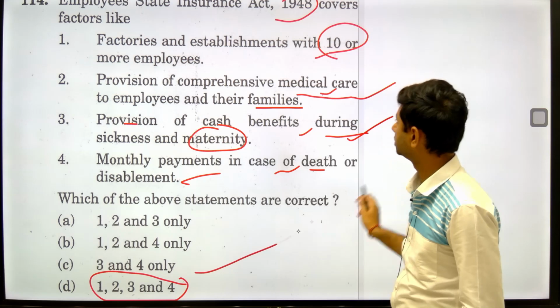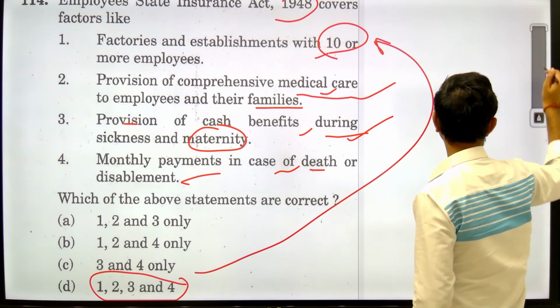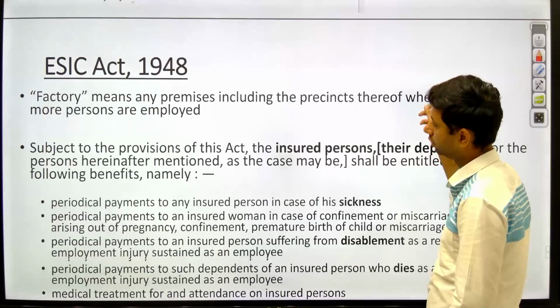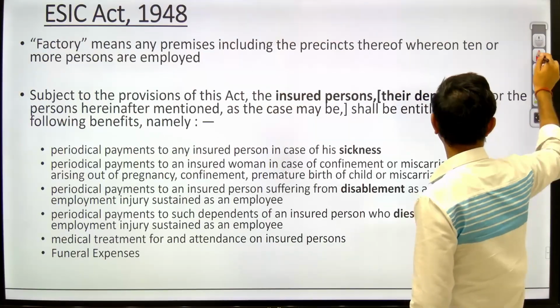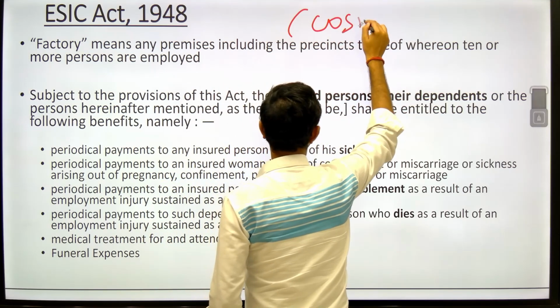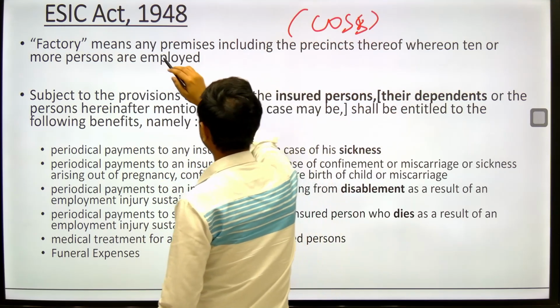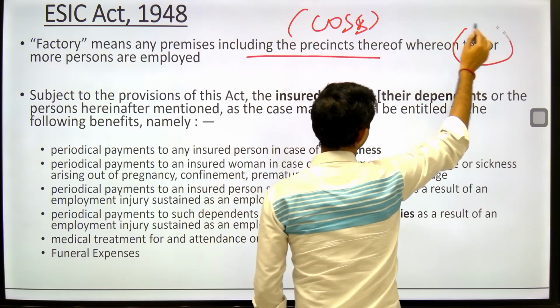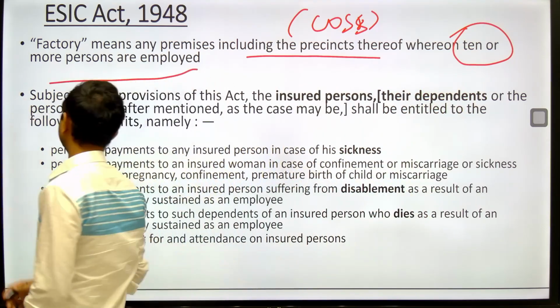So let's just see this conditionality also, what is right now in the Code on Social Security. Although ESIC Act mentioned the same, but even Code on Social Security also talks about the same. That factory means any premise include precincts where 10 or more persons are employed.